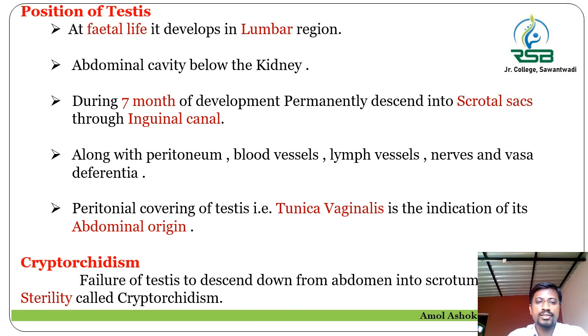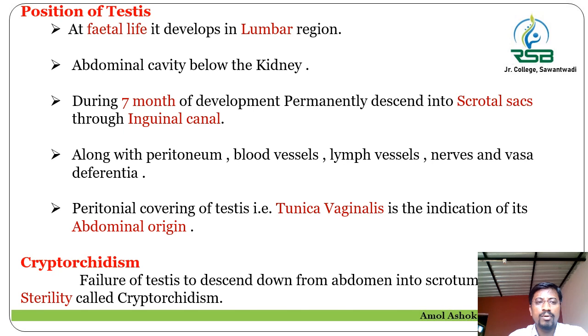So the testis, which is covered by the peritoneum, that is the tunica vaginalis, indicates the abdominal origin of the testis. If the testis fails to descend from the abdomen into the scrotum, it leads to sterility in that male, and that condition is called cryptorchidism.